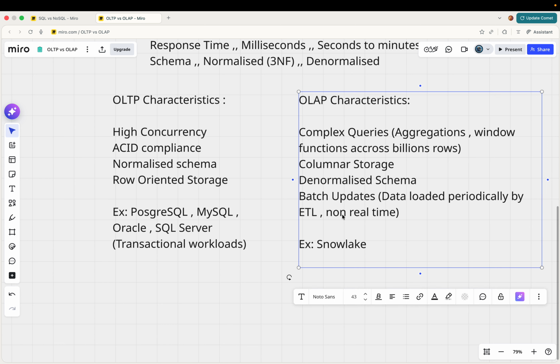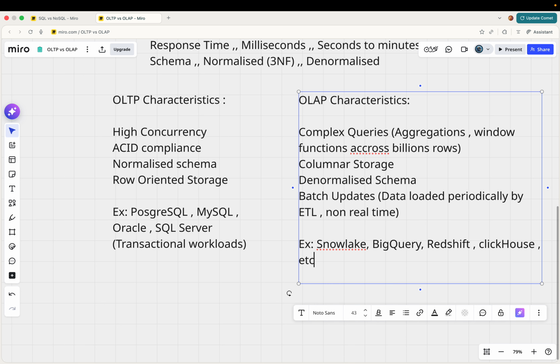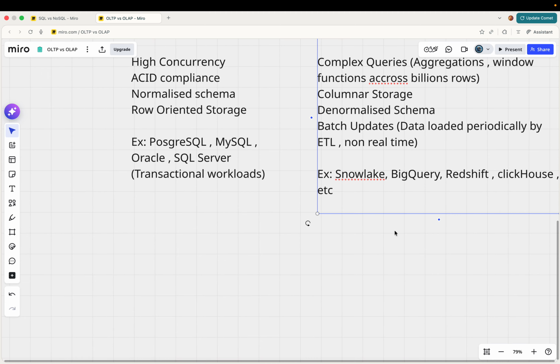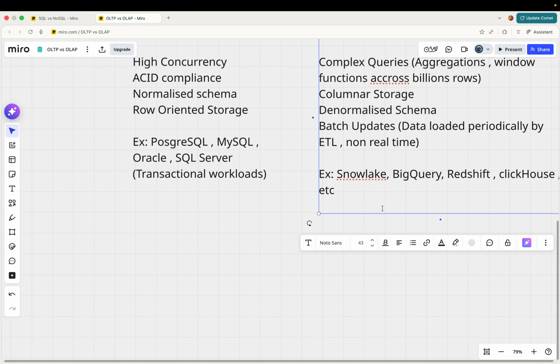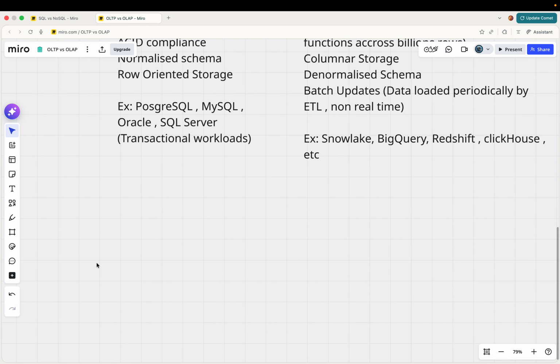Warehouses will be using this: BigQuery, Redshift, ClickHouse, etc. Now, these are all warehouses, right? Now let's see generally what a warehouse is like.